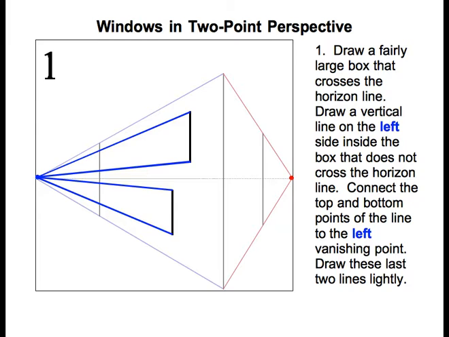Windows in two-point perspective. Draw a fairly large box that crosses the horizon line. Draw a vertical line on the left side inside the box that does not cross the horizon line. Connect the top and bottom points of that line to the left vanishing point. Draw these last two lines lightly.